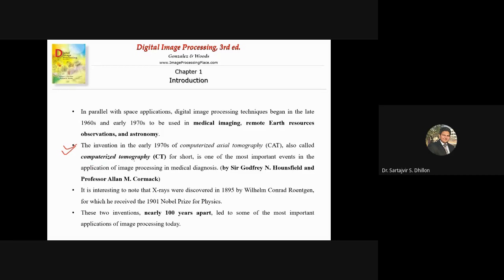It is one of the most important events in the application of image processing in medical diagnosis. And these two are the contributors in designing and developing the 3D scan machine.